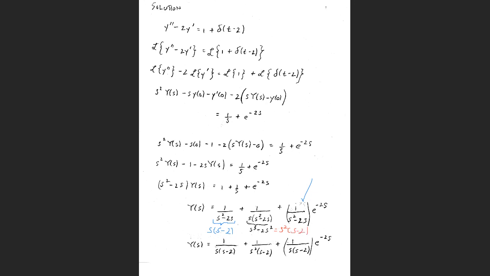So now, given this, we can do the partial fraction expansions. Let's focus on the 1 over s times s minus 2. We express that as A over s plus B over s minus 2. And you've done partial fraction expansions many times. You'll find that A equals negative a half and B equals a half.